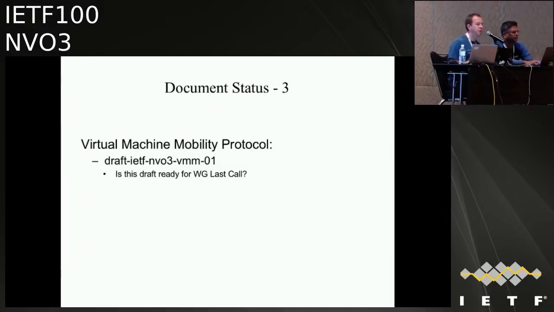I think it's time to last call this draft. We did an IPR call recently. I'm one of the editors of this draft, and it has been receiving very good reviews. We just did a very minor revision, so I think it's ready for working group last call.